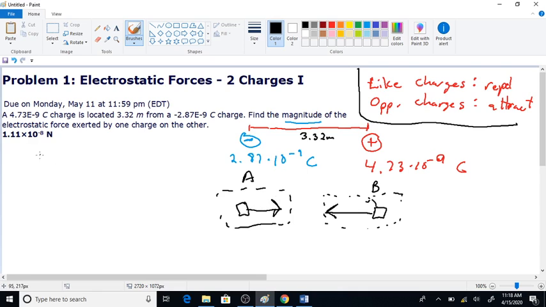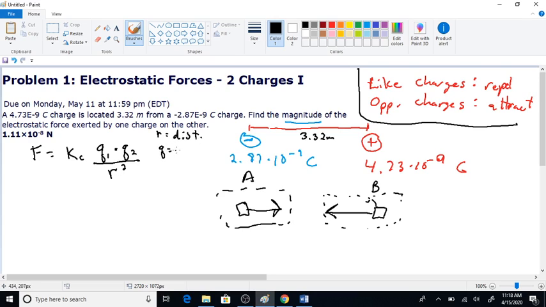Okay, on to Coulomb's Law. So Coulomb's Law is F equals this constant, I'll call it K subscript C, and so then we have Q1 times Q2 over R squared, where R is a distance between them.